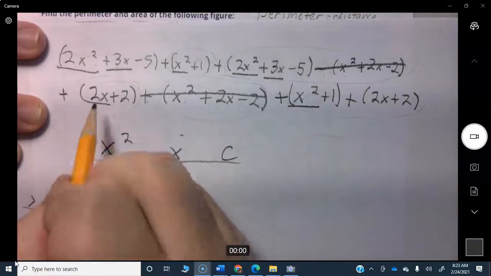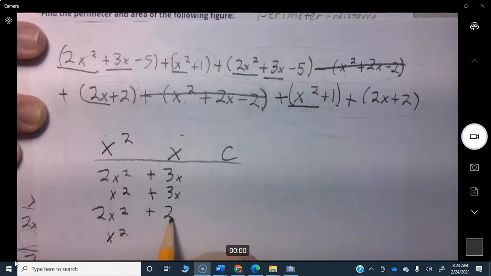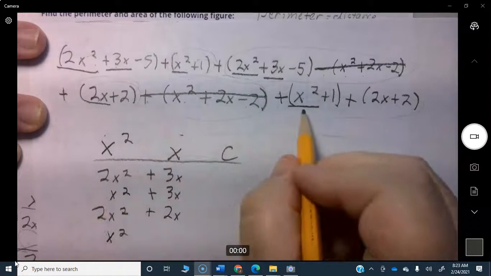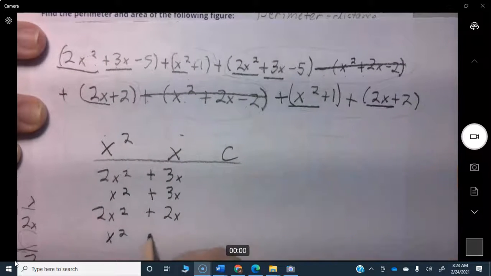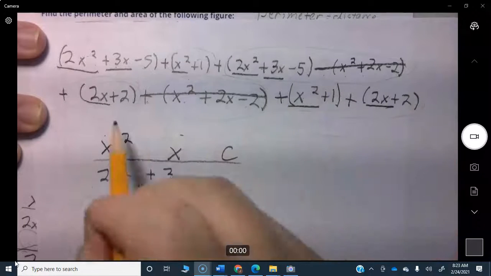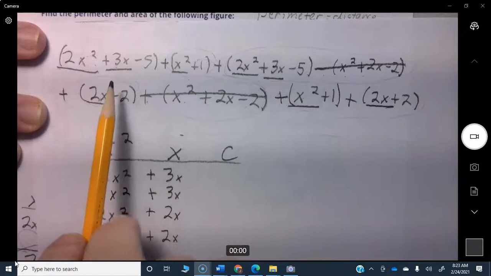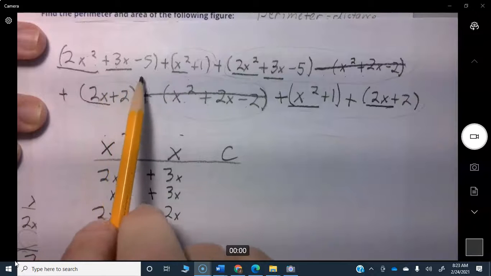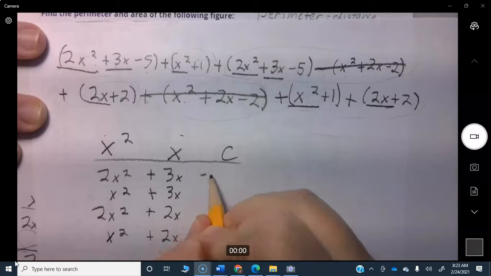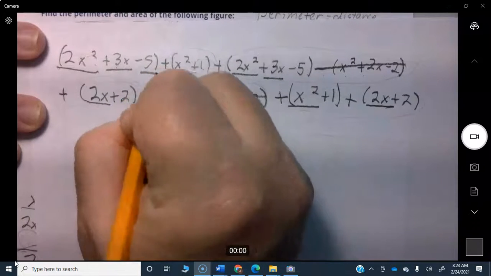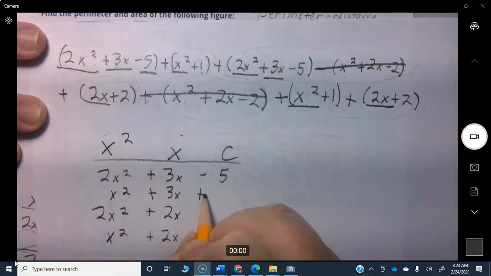Next there's another 3x. Come down, there's a 2x. Come over here, and there's a 2x. And that takes care of all the x's. The only thing I should have left are constants, things that don't have any x. So there's a negative 5. There's a plus 1.